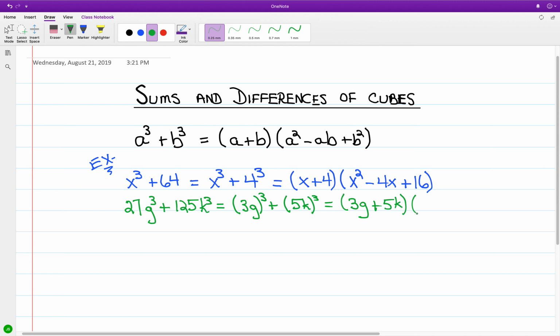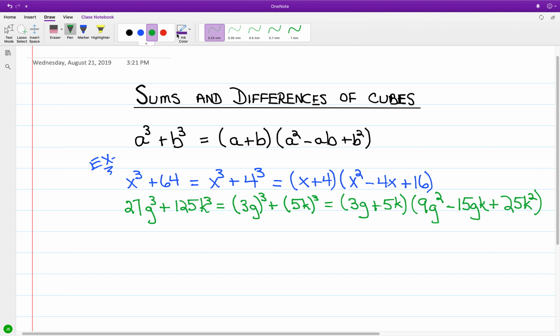For a squared, 3g times 3g is 9g squared, minus a times b, so minus 3g times 5k, that's minus 15gk, and for b squared, the square of 5k, we have 25k squared.